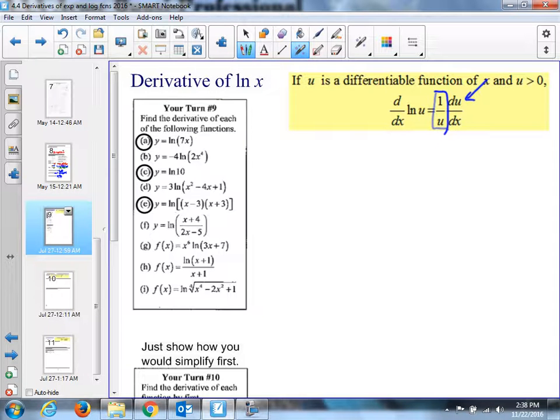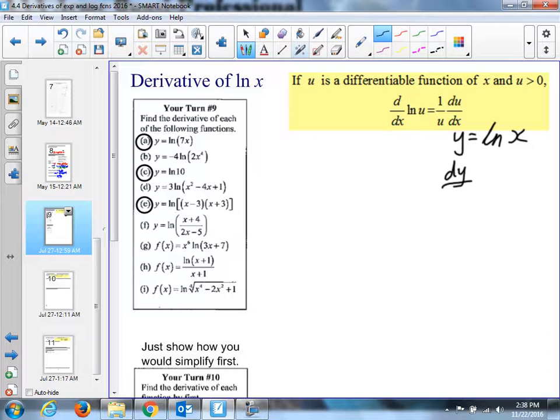Now, we'll do the simplest one real quickly and then we'll get into these. The simplest one is, write this over here, if y equals the natural log of x. According to that formula, what is the derivative of the natural log of x? If you have this memorized, the rest just works. Let's use this formula again, the derivative of the natural log of u.